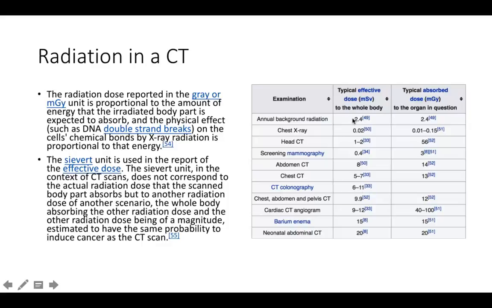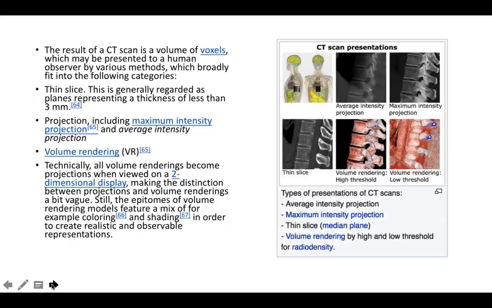So 2 to 4 times the amount of annual background radiation. And so you can see that there are some significant effective radiation doses with very commonly used CT scans. Head CT 1 to 2, so that's not too bad compared to some of the others.